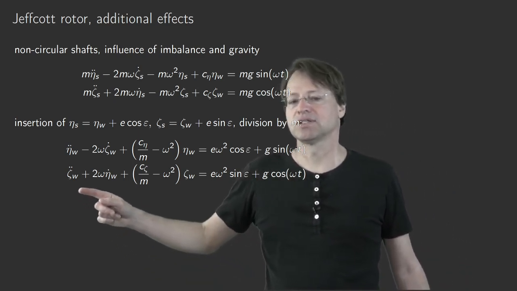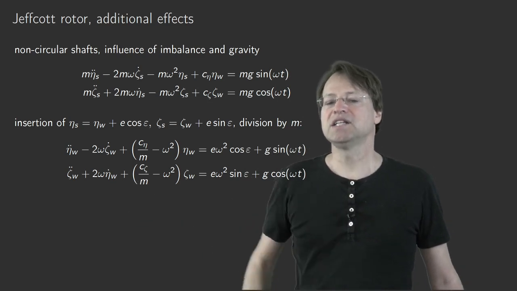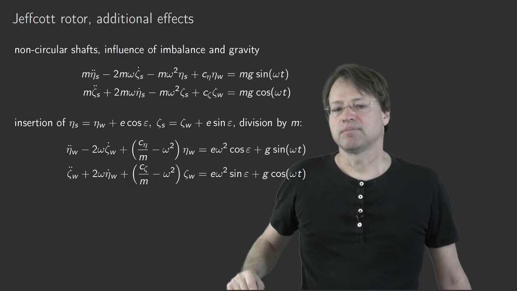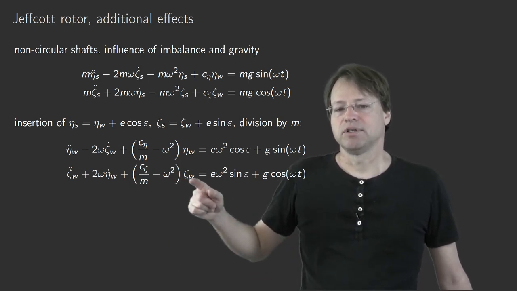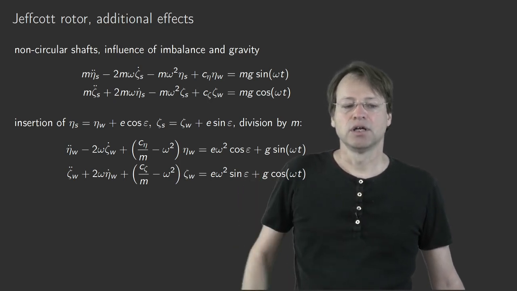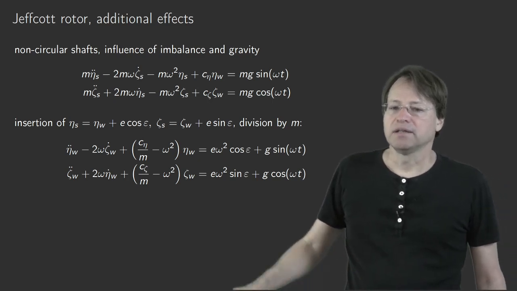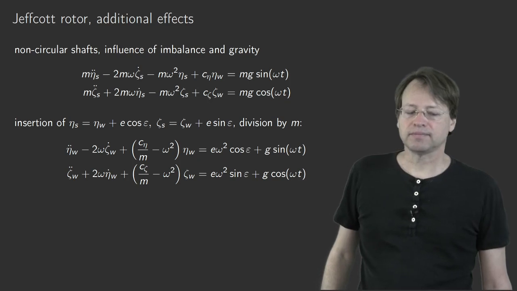It's zeta sub w in second derivative plus 2 times omega eta dot w plus c zeta divided by m minus omega squared zeta sub w, equal to e omega squared sine epsilon plus g cosine omega t. I would like to remind you again that these equations are coupled, they are not uncoupled.